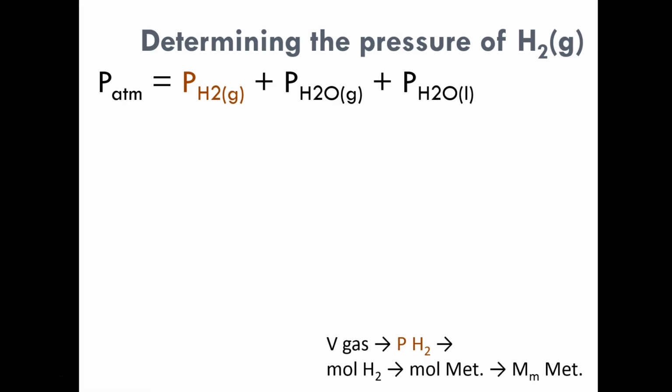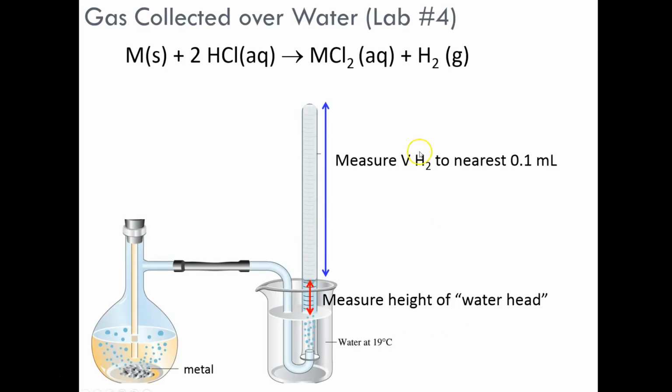Remember that our overall strategy is to somehow, from this information that you're going to collect, figure out the pressure of H2. This really is your only data from this experiment: volume and height of the water head. But from that you're going to figure out the pressure of H2, then the moles of H2, then the moles of your metal, and then the molar mass of your metal.